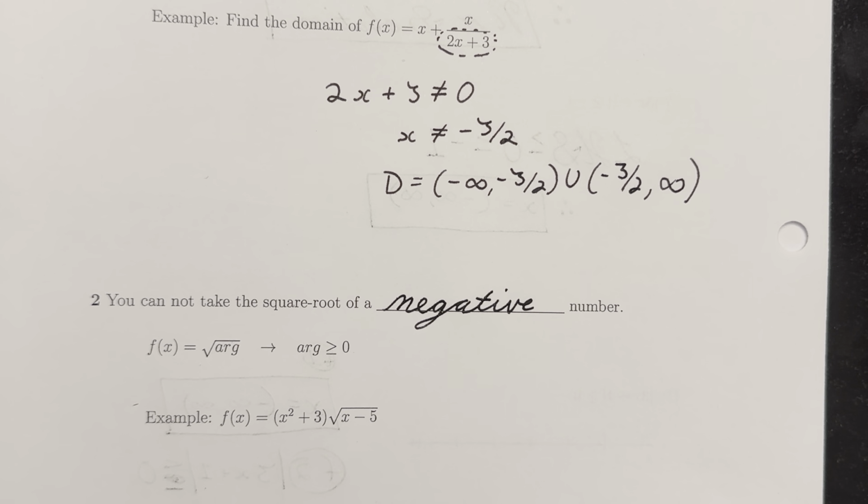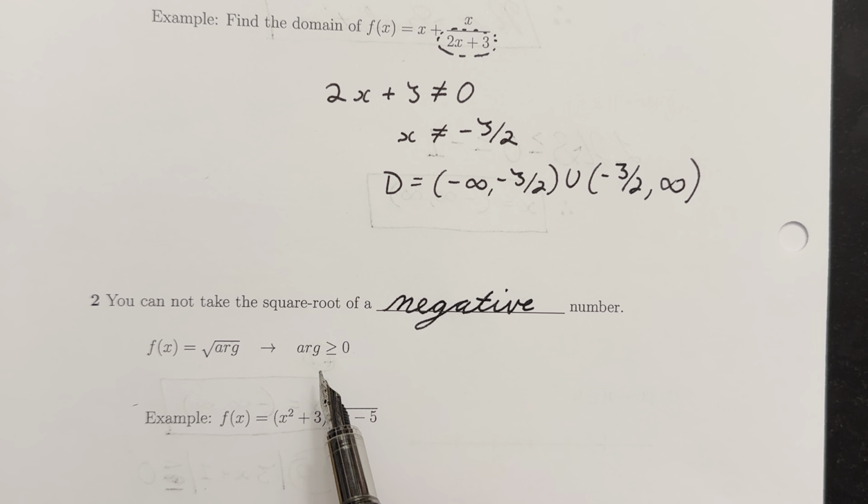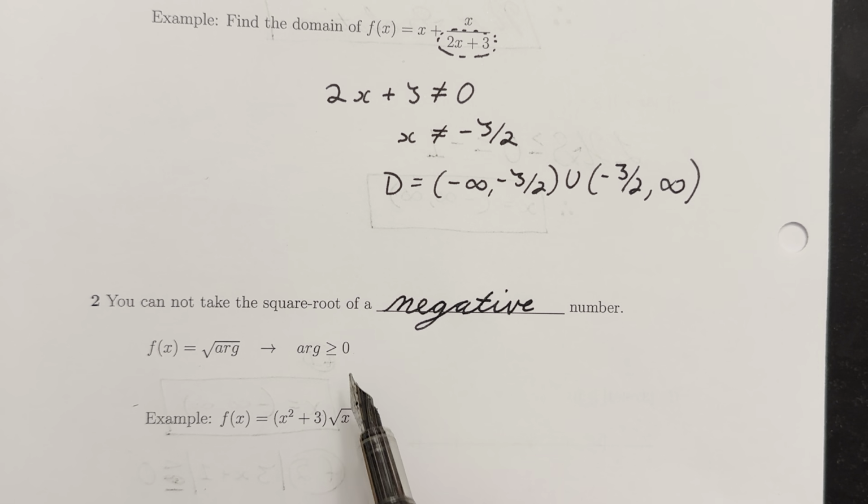And we're interested in real valued functions. And so this ARG that you see here stands for argument. The argument is just what goes inside the square root. And so the argument has to be equal to or greater than 0, right? The argument cannot be less than 0.